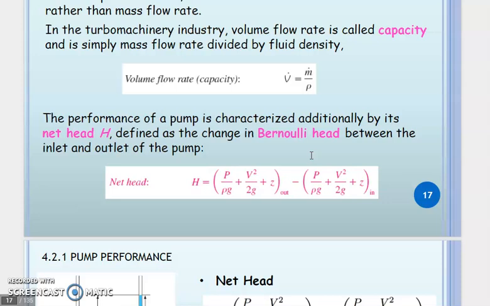Since the reservoir is located 20 meters away but the pump head is only 10 meters, we are not able to supply the water from the pump to the reservoir. So it is much easier for us to understand if we use meters. That's why the equation is modified into P divided by rho G plus V squared divided by 2G plus Z. This will produce meters instead of pressure.